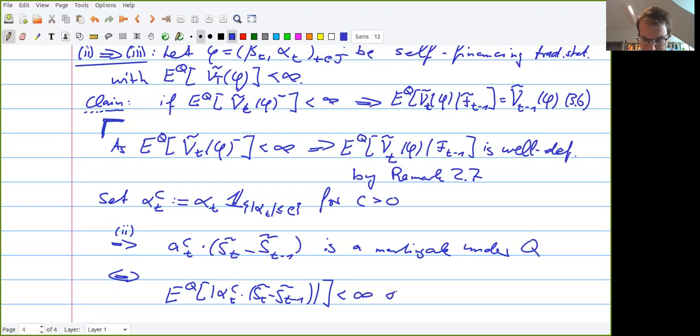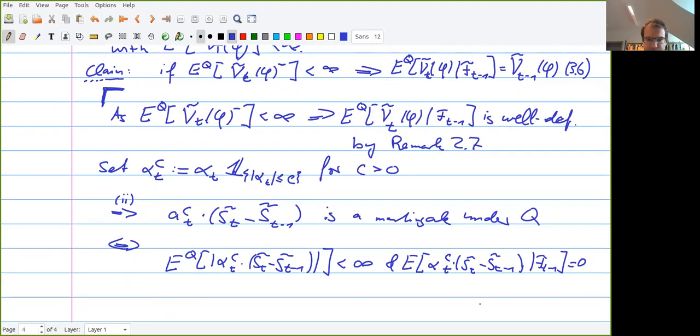And this gain process has to be a Martingale. So if you condition it on the filtration at time t minus 1, this has to be 0.